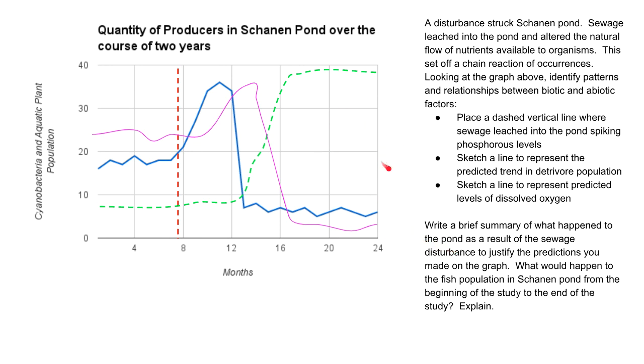So this looks super crazy when it comes to imagining all of these different populations being affected by not only each other, but by abiotic factors like phosphorus and dissolved oxygen as well.